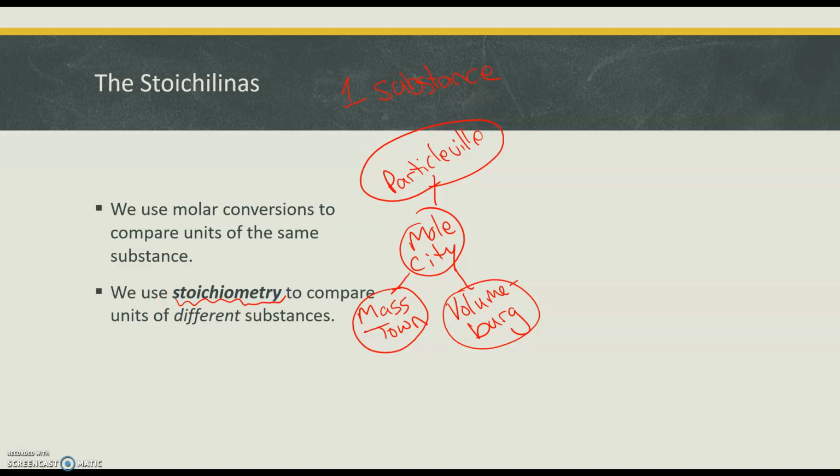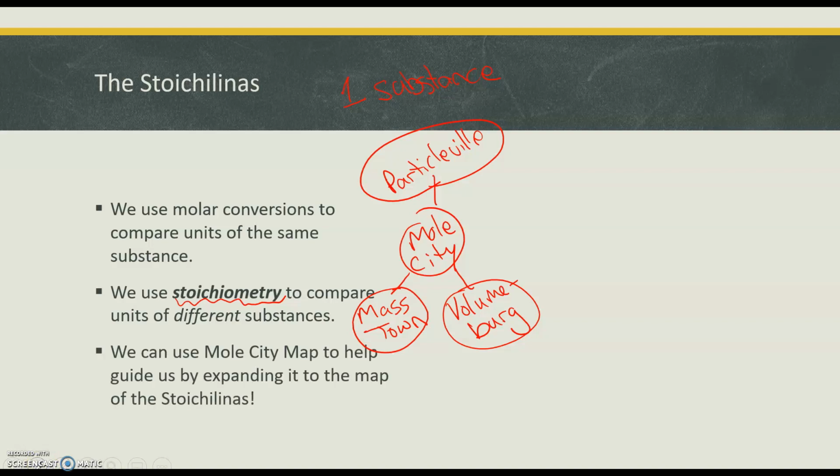And the great thing about this is that we can expand our mole city map into the map of the Stoicholina. And this helps guide us through stoichiometry. So if we're looking at the mole city map we've already drawn as South Stoicholina, all we have to do is create another mole city map for North Stoicholina.